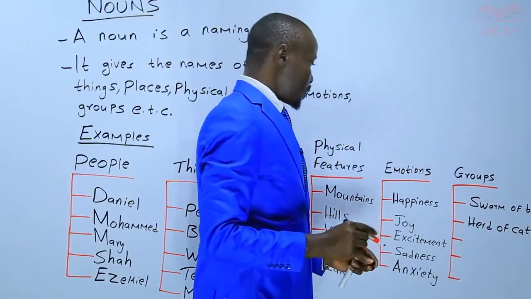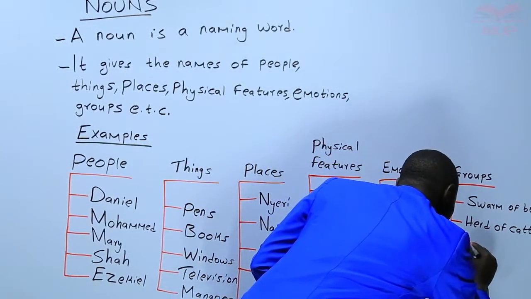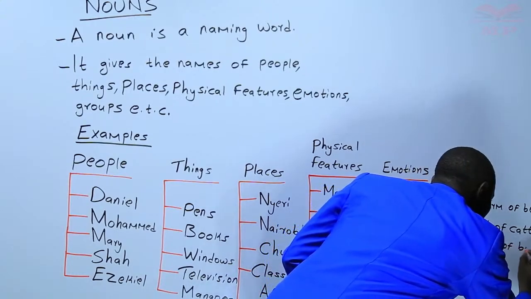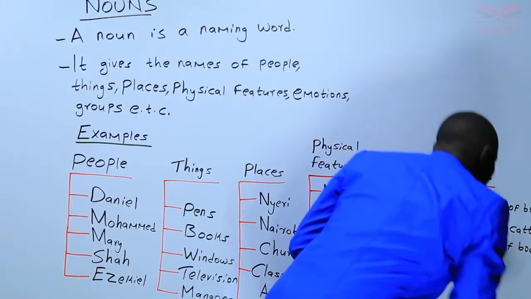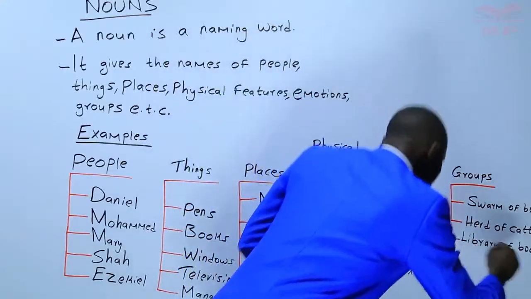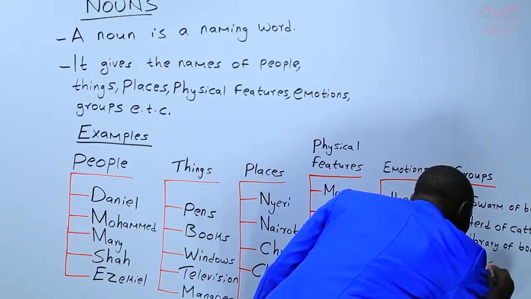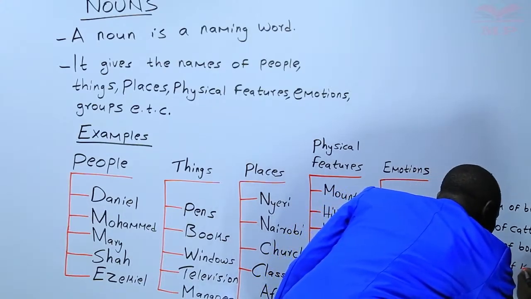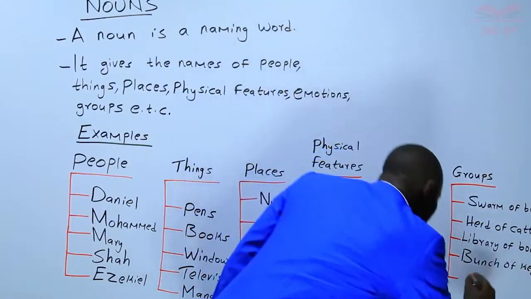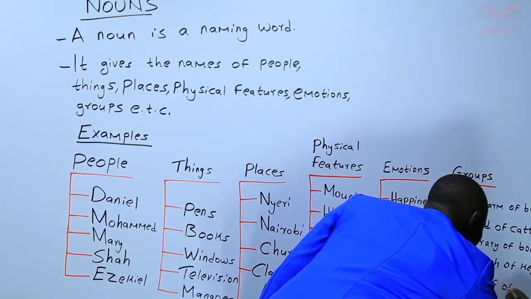The third example that I'll list here is a library of books. In our example 4, we've mentioned a bunch of keys. Then lastly, the last example is a staff of teachers.